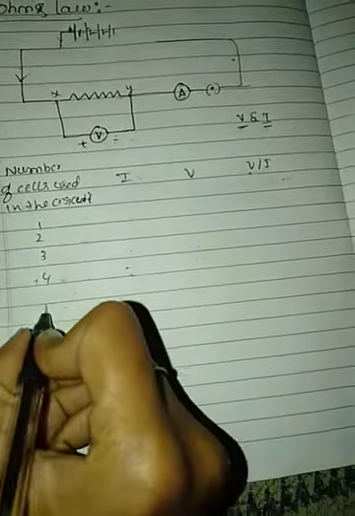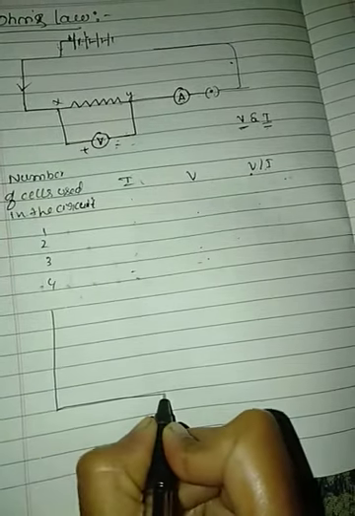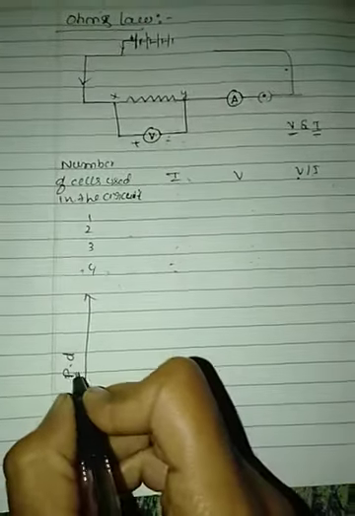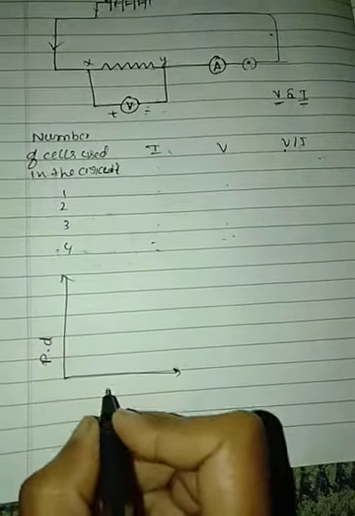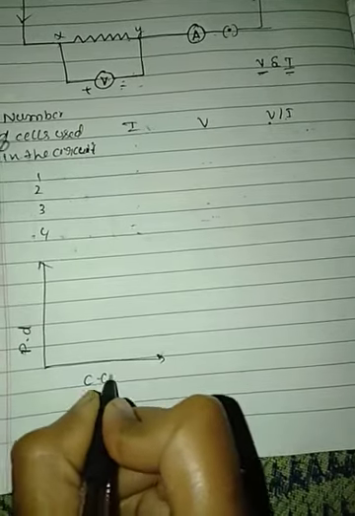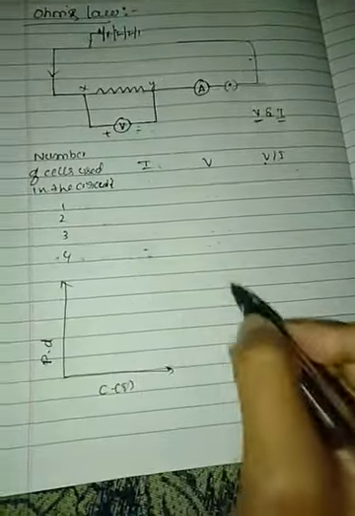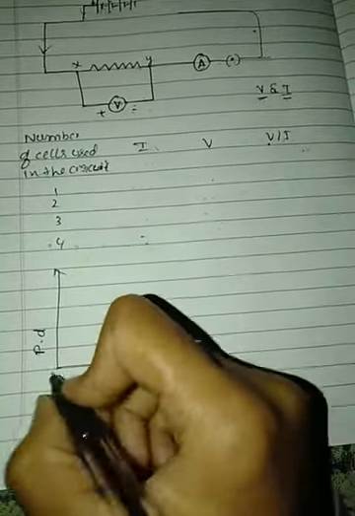Now draw the graph. This is potential difference, in short I will write PD, and here current. Draw these values.